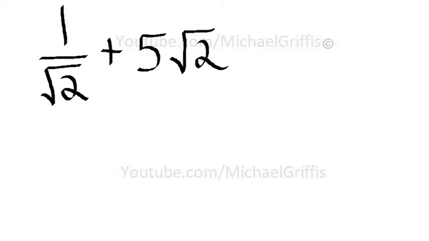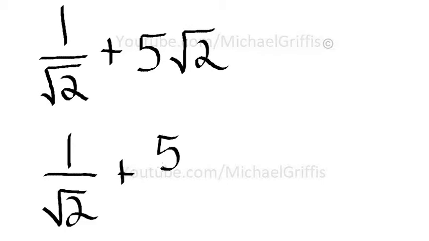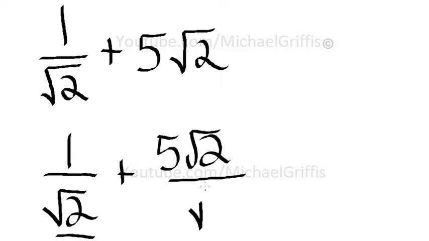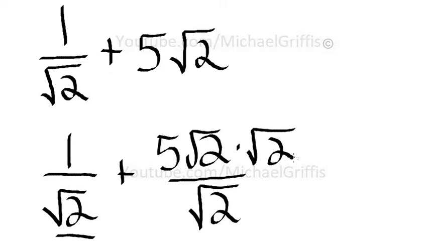We're going to need a common denominator. So let's just go ahead and rewrite this so we don't mess up our original. Since we have a square root of 2 down here in the denominator, we're going to write a square root of 2, but we must also put square root of 2 up here in the numerator.